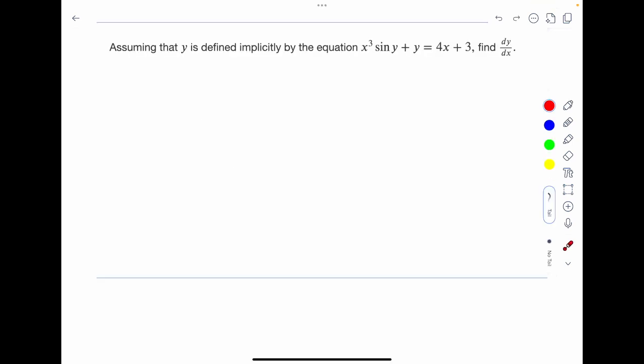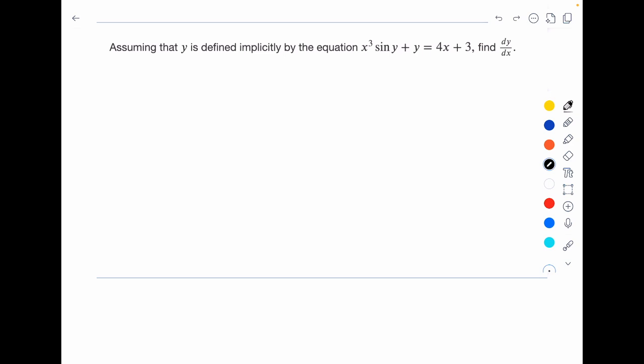Alright guys, so now we've got a scenario where we've got this equation, x cubed sine y plus y is equal to 4x plus 3, and we have to find dy by dx. So how do we do this? It's back to implicit differentiation, and again the chain rule as a result.